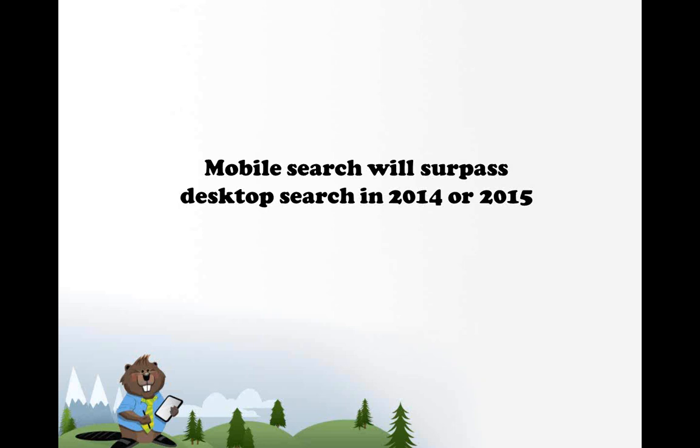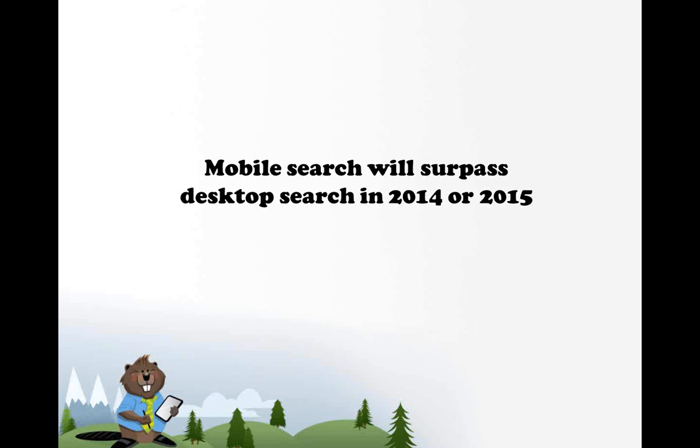Now, what does that mean? Well, on a macro level, it means that more people are conducting searches on their smartphones than on laptops or desktops. That's the first thing. The second thing, and this is what it means for your business, is that more people are going to start accessing your website and learning about you on their smartphone or tablet than on laptops or desktops. So not a plurality, not a large number, but a majority. More people will see your site on their smartphone than from a computer.